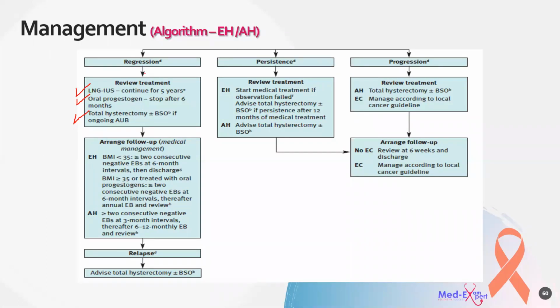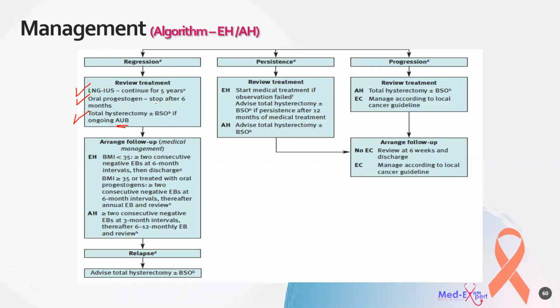So if the lesion regresses but there are still symptoms, we can also offer total abdominal hysterectomy and bilateral salpingo-oophorectomy. But if the lesion regresses and the symptoms also regress, continue the levonorgestrel IUS for 5 years.